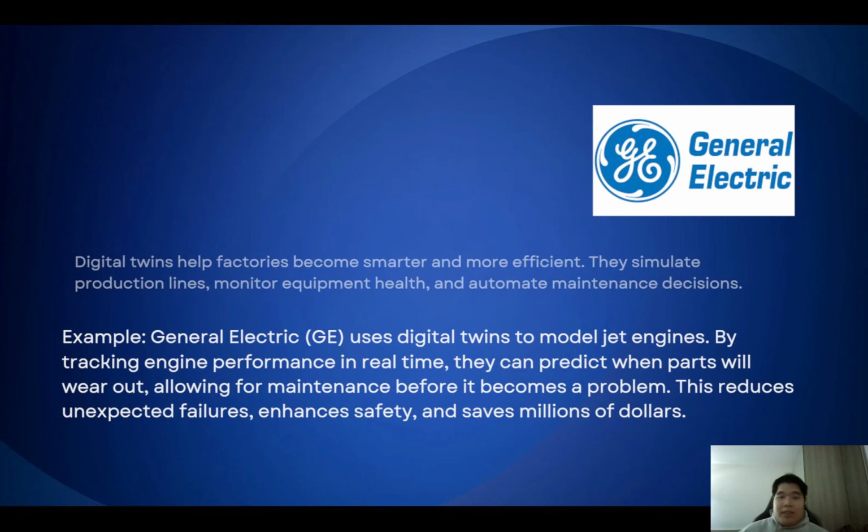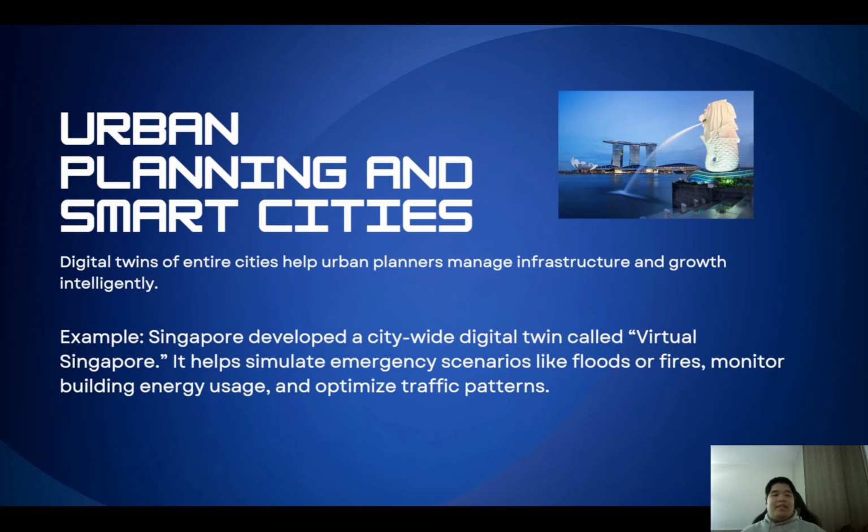Next is an entire city, as I said earlier. It is about urban planning and smart cities, like in the picture, the city of Singapore. The digital twin of an entire city will help urban planners manage infrastructure and growth intelligently. Not only Singapore, but this can also be applied to every city in the world.